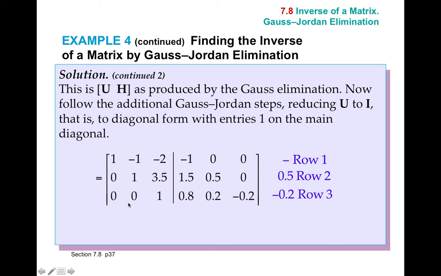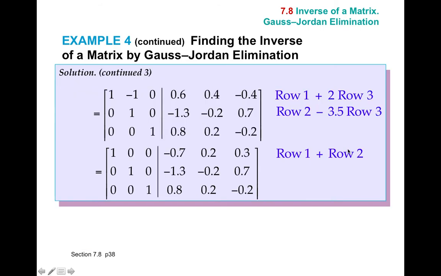Okay, continuing now, we have our upper triangular matrix, and now we're going to do row operations on the top two rows to eliminate these two terms and this 3.5 term here. We'll continue with the row operations, and you can step back through these to be sure you understand how they occurred. Basically, we want the matrix on the left to be the identity matrix.